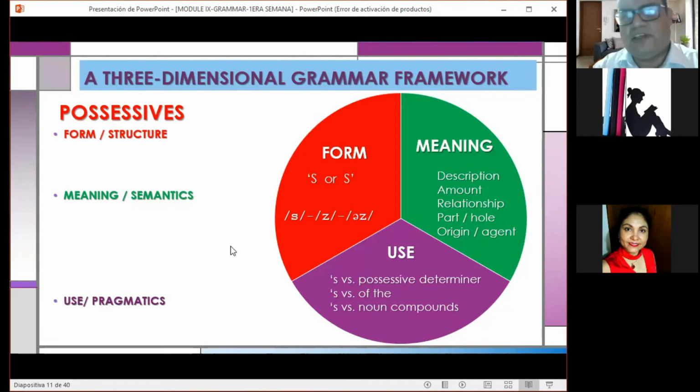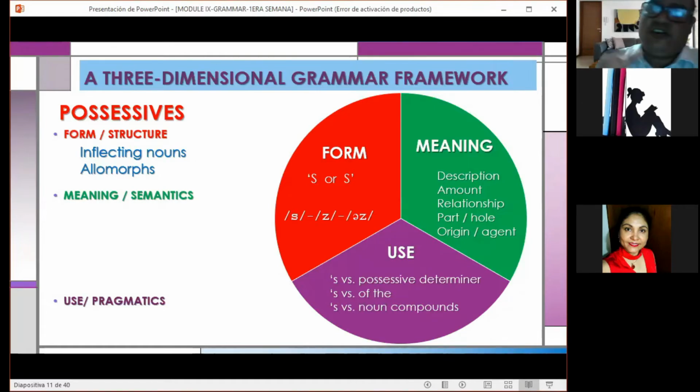So let's see. The form and structure. Here we are going to talk about the inflecting nouns and allomorphs. I don't know if you can remember about these terms, the inflecting nouns and allomorphs. Inflecting nouns is related to inflection. What is inflection? Can you remember?